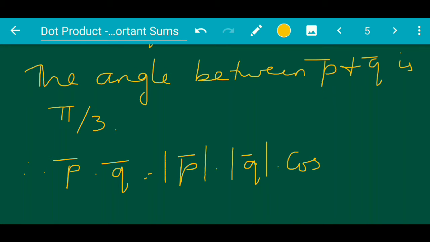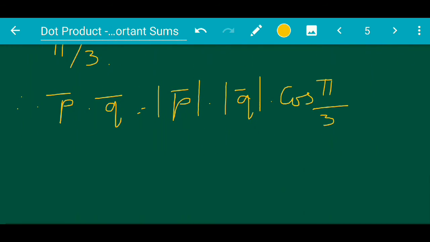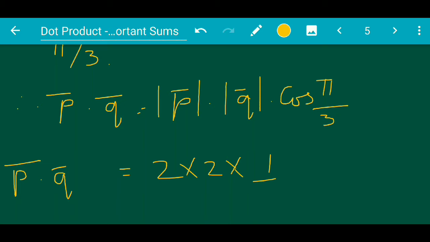Now theta here is pi by 3, which is 60 degrees. Since mod p is 2, p dot q comes out as 2 into cos 60. What is the value of cos 60? It is half. So this 2 gets cancelled and therefore p dot q is 2. So we keep this in mind.